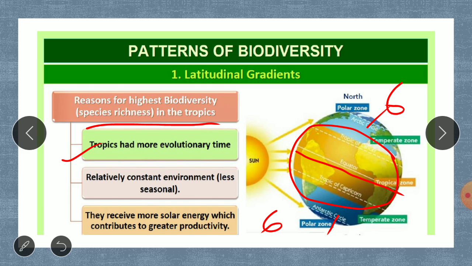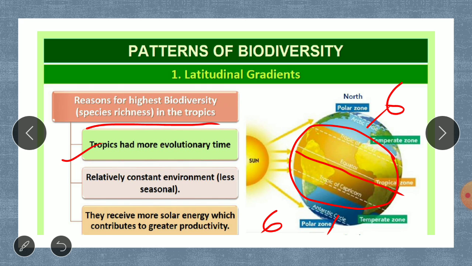Due to this, it becomes difficult for the organisms living over there to develop or to evolve. They are fighting for their survival itself, first of all. Forget about the evolution. So, tropics when compared to the temperate are getting more evolutionary time.